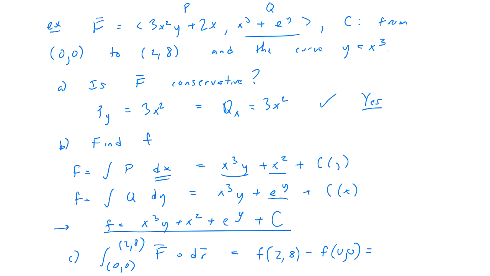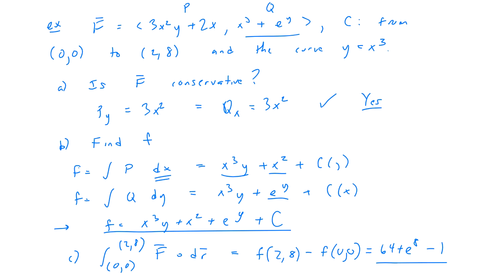Yeah, that's not great. Not too bad, I guess. So at (2, 8) it is 64 plus 4, so 68 plus e to the 8. And at (0, 0), it is 0 plus 0 plus 1. So I get something like that.